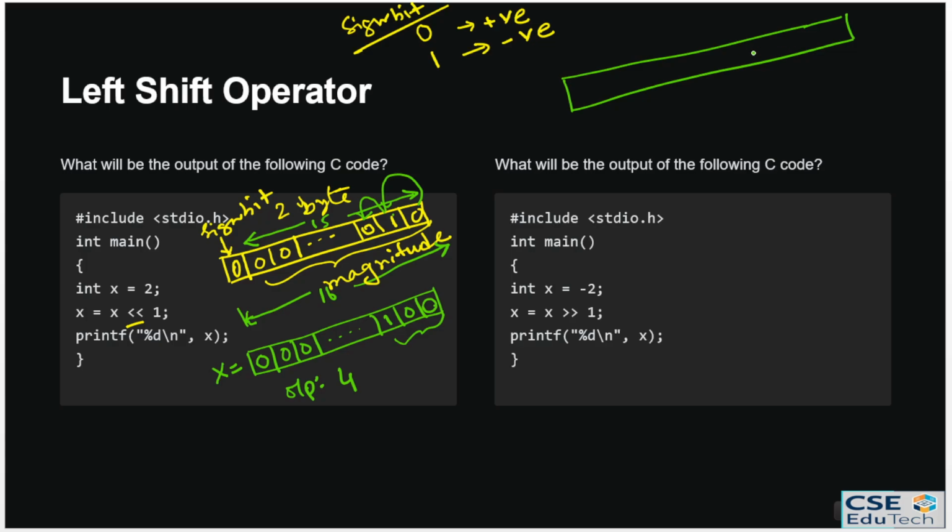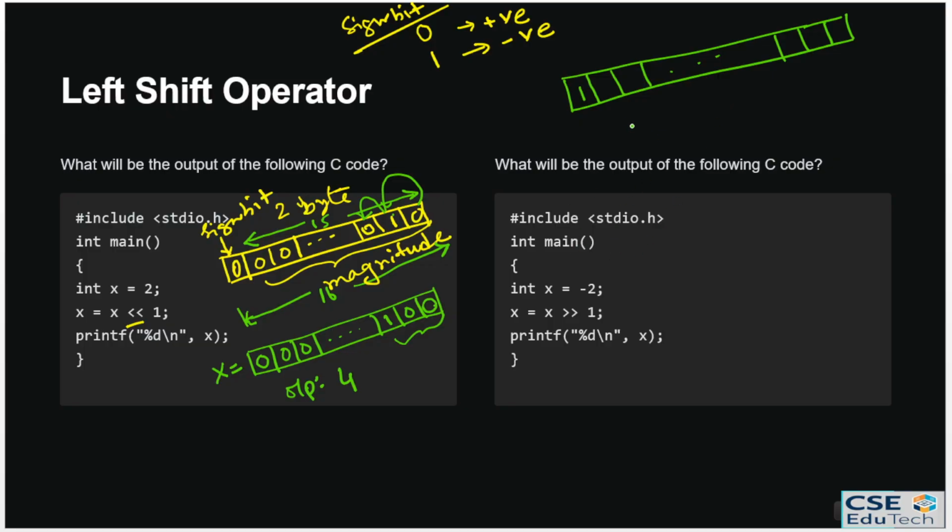As it is minus, we know the sign bit will be 1, and for the remaining bits, what will they be? Here we know that the rest is basically the magnitude, so the magnitude will be represented using the 2's complement form. Clear? 2's complement form.